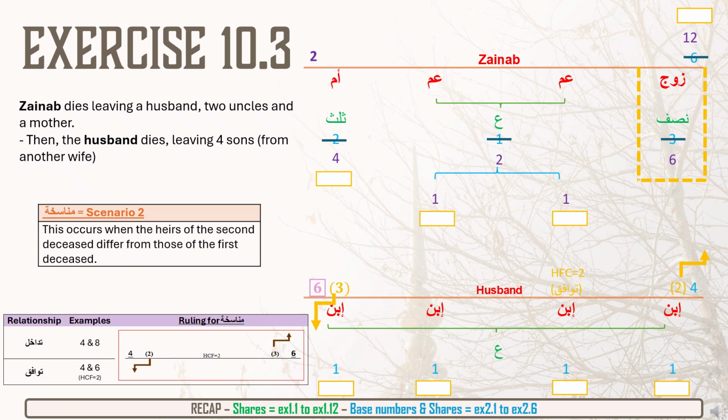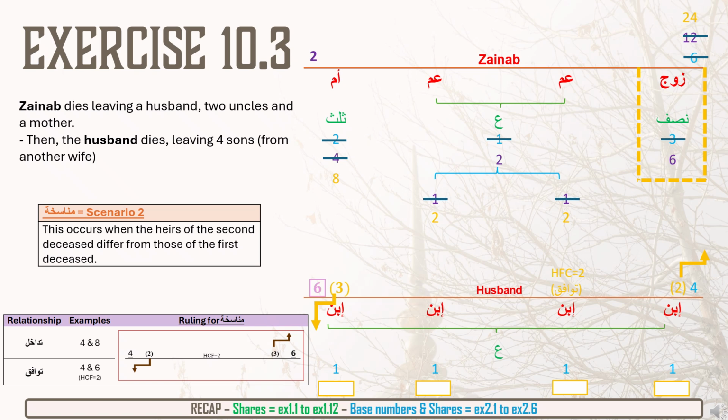So the uncle's 1 share will become 2. The other uncle's 1 share will become 2. The mother's 4 shares will become 8. And finally, the last thing that we need to multiply upwards is the base number 12. That needs to become 24. So we multiply each person's shares and the overall base number.